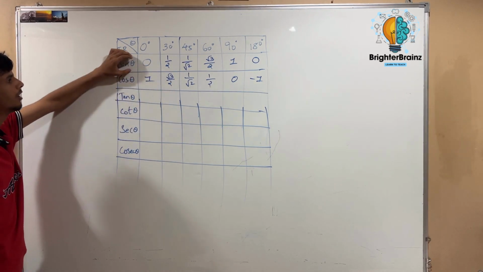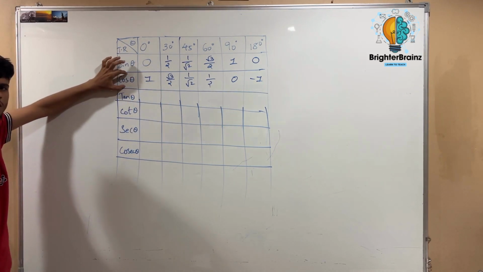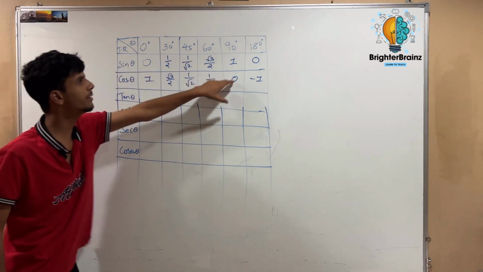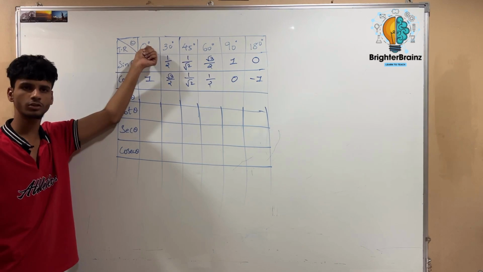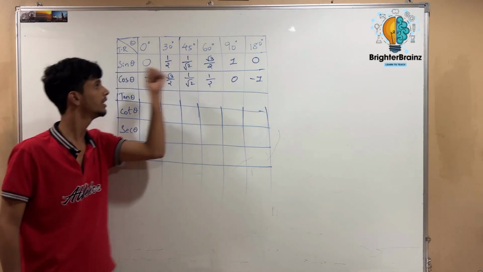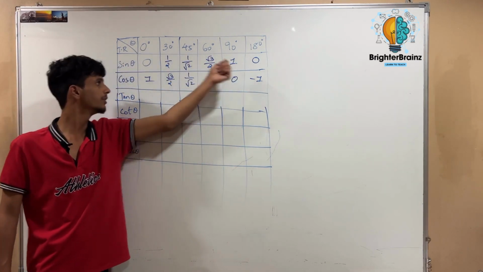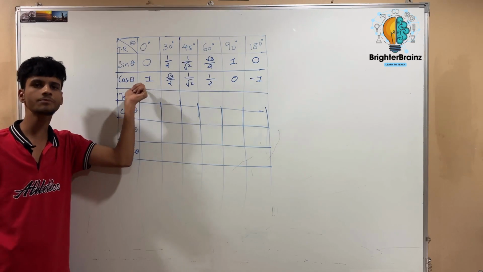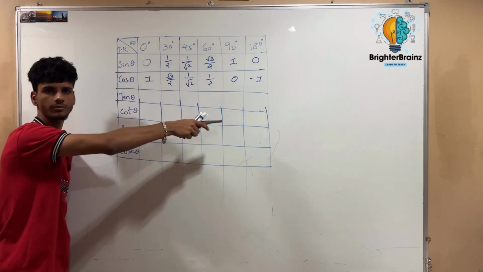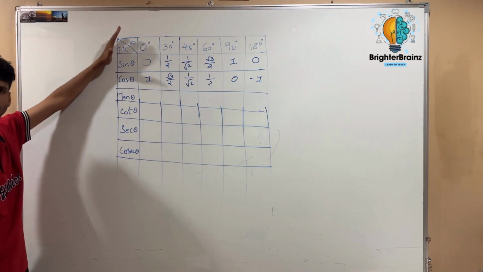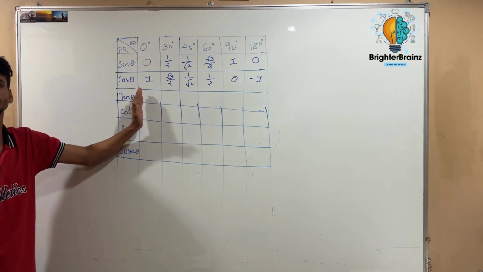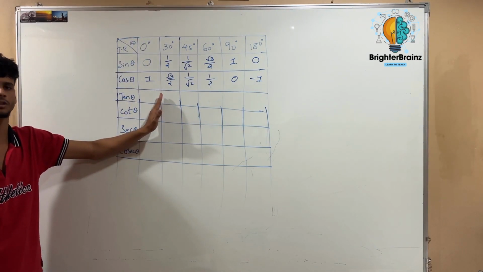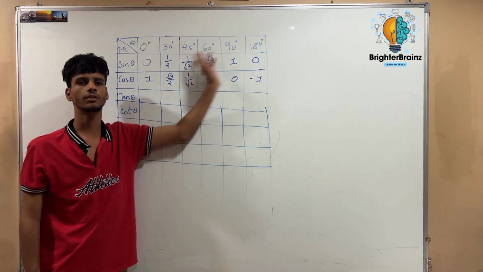And in cos theta, cos 90 becomes 0. Understood? If sin 0 is 0, then cos 90 is 0. If sin 90 is 1, then cos 0 becomes 1. So it is vice versa.